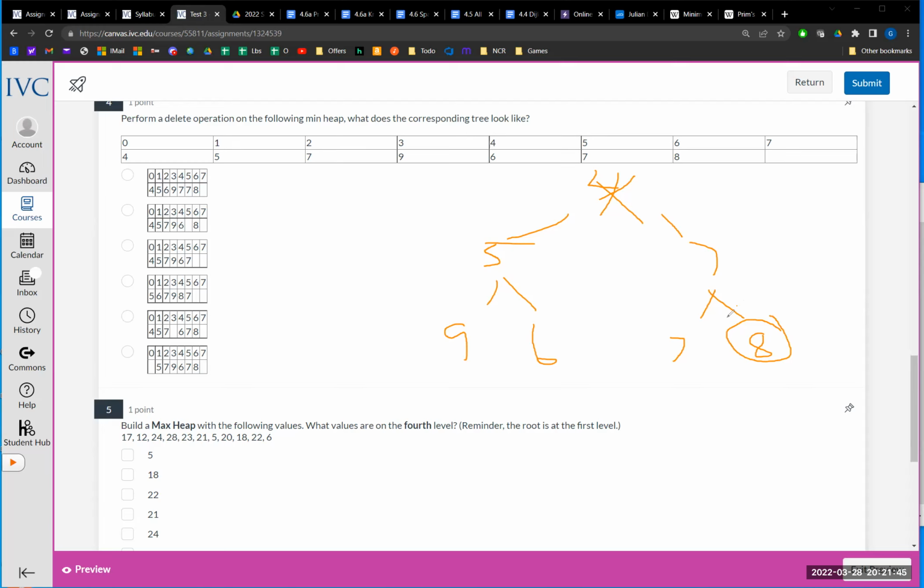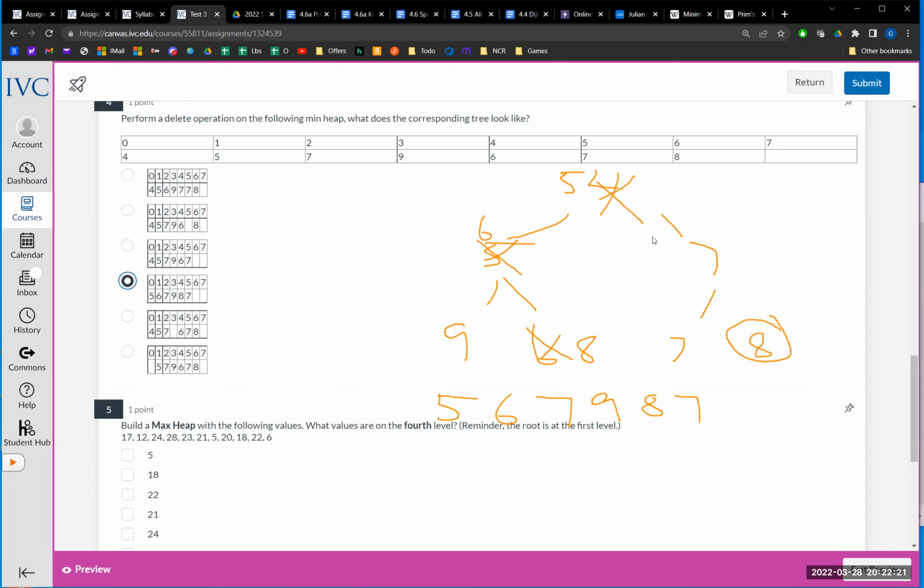So we need to use this as a candidate. 5 moves up, creates a hole. 6 moves up. 8 finds its way over here. So our resulting tree is 5, 6, 7, 9, 8, 7.